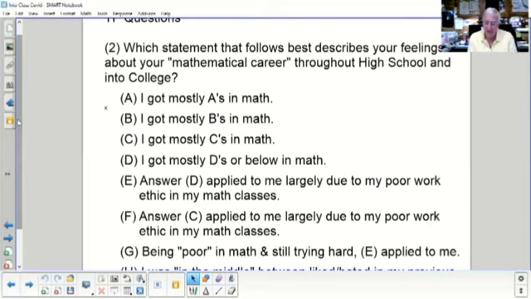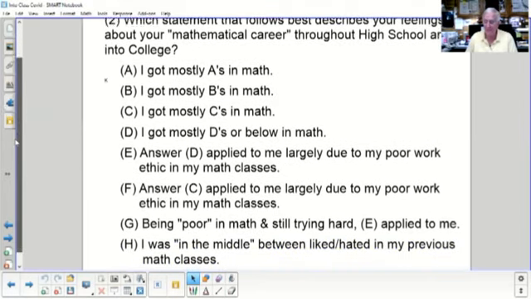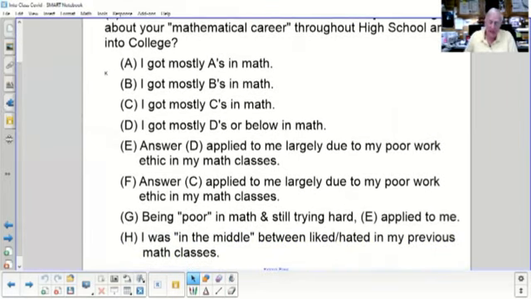Or F, if it's answer C, you applied largely due to my poor work ethic in math classes? Or G, being poor in math and still trying hard, E applied to me? Or H, I was horrible in math, between liked and hated in my previous math classes. Okay, so if you'd like to respond to that question and send it to me, that would be helpful for me to see where you're coming from.